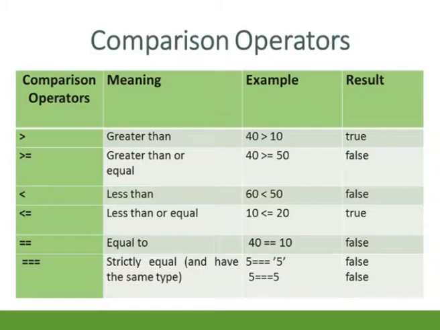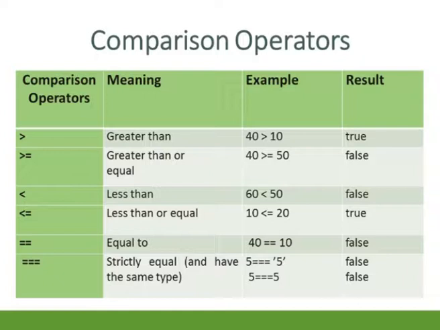So the comparison operators you can see in this table. We have the operator equal, which is used to compare two values or variables or expressions. For example, we have written 40 greater than 10.